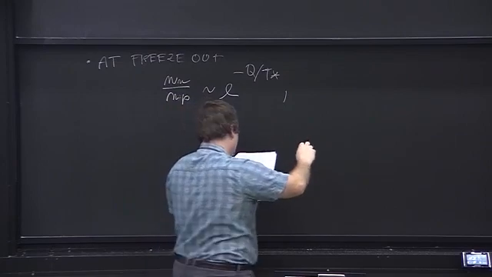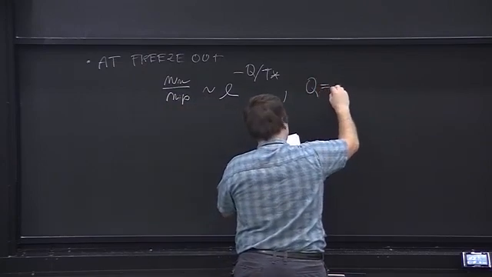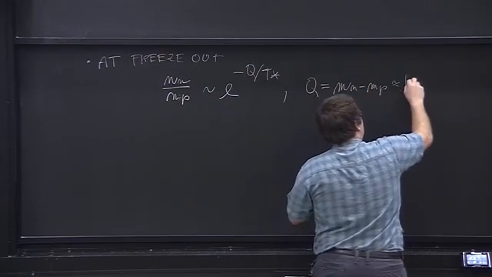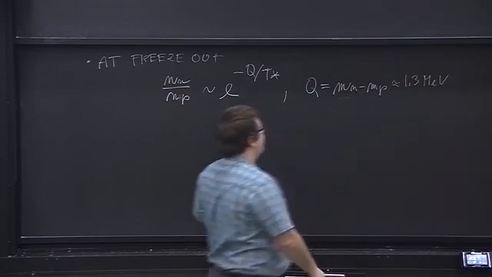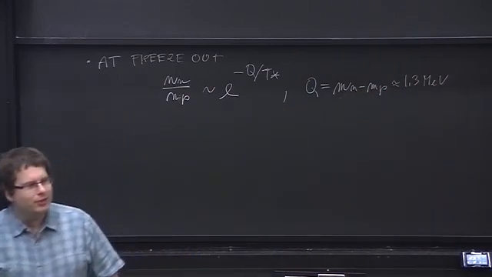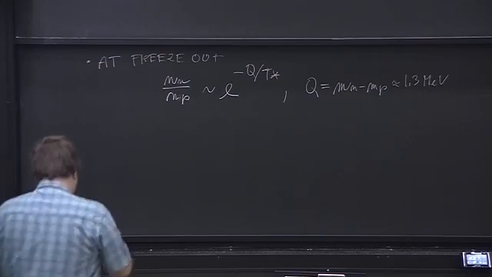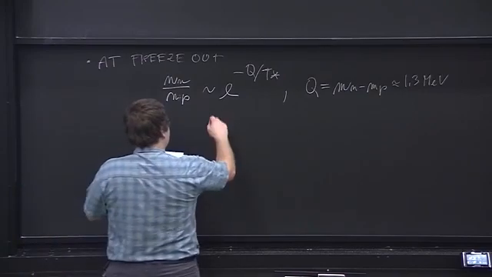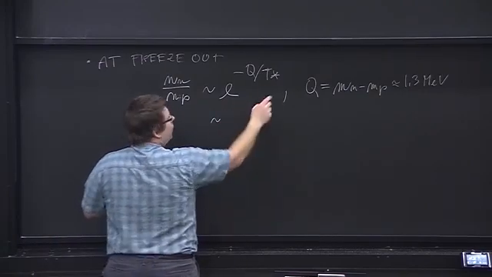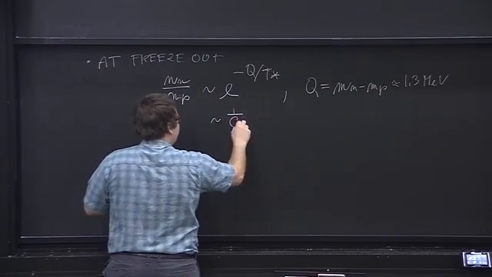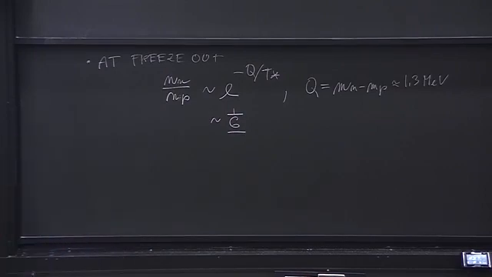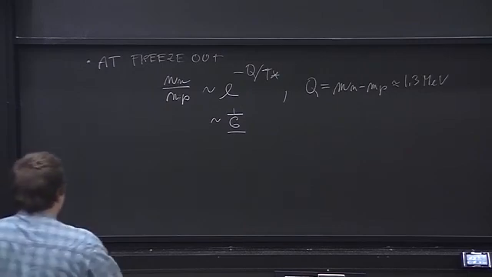T star is the temperature, and Q is just the mass of the neutron minus the mass of the proton, which is 1.3 MeV. So it's just the difference between the masses of neutrons and protons which causes the fact that you have many fewer neutrons than protons. If you plug it in and use 0.8 MeV, then you get 1 over 6. So the number density of neutrons is 1 over 6 the number density of protons at that point. Okay, just thermodynamic equilibrium here.